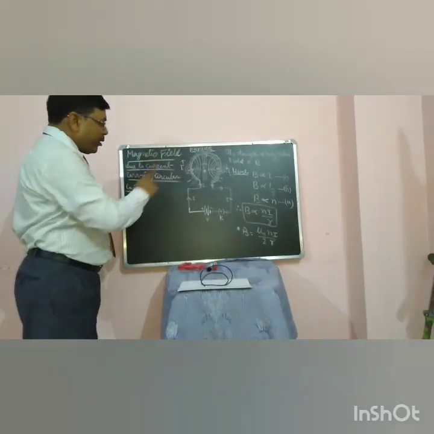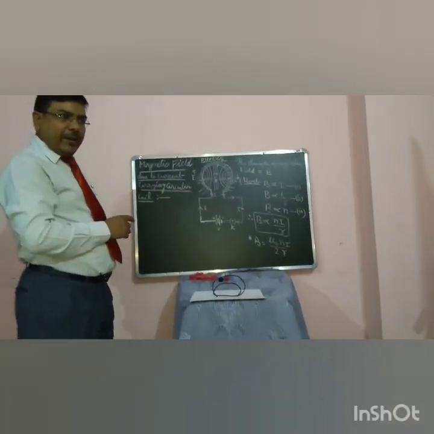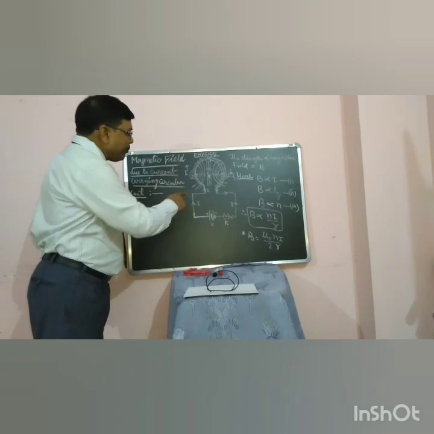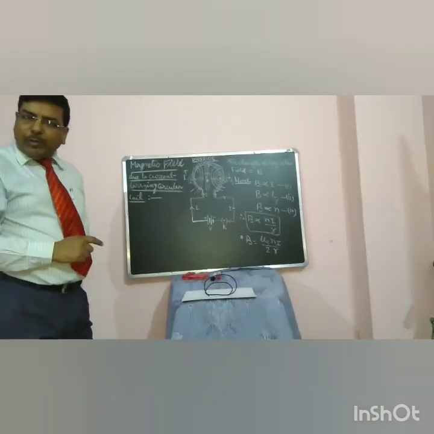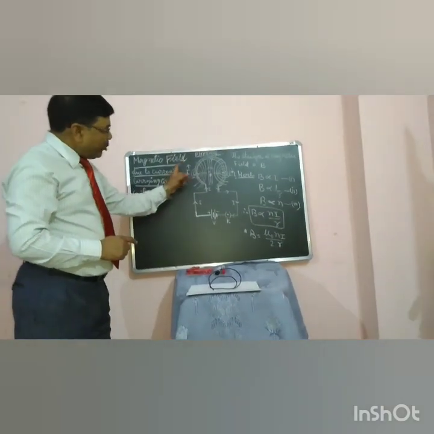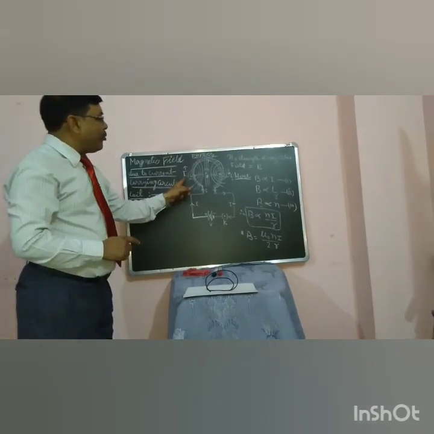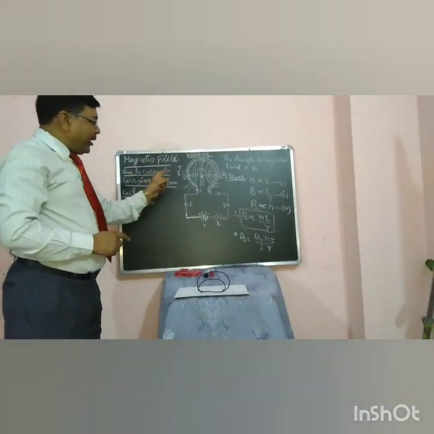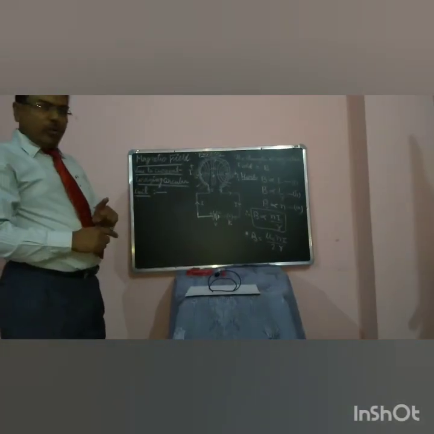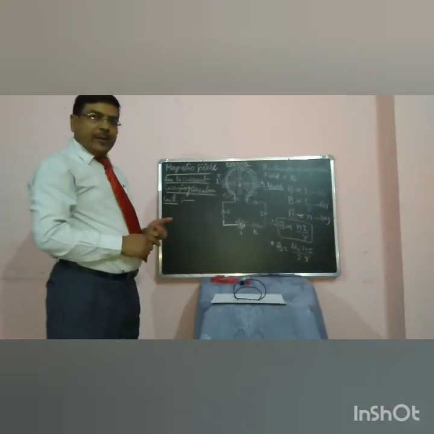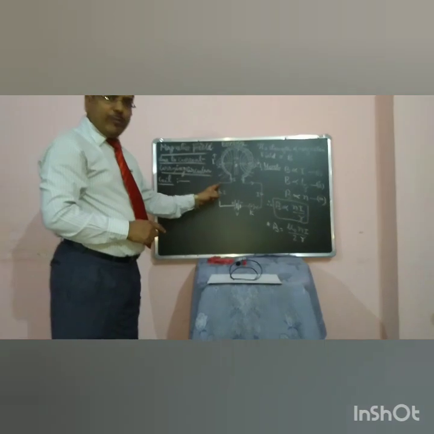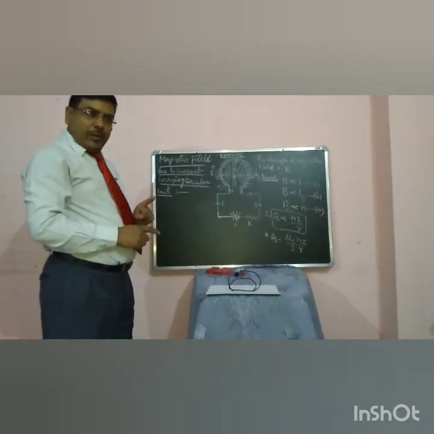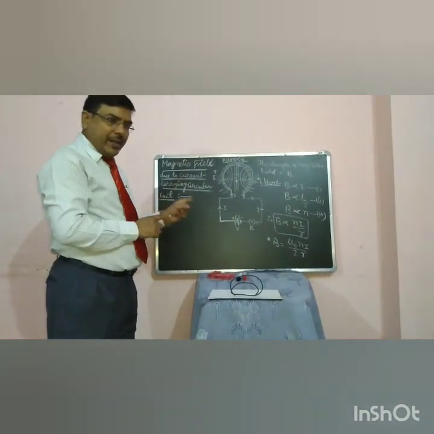The direction of the magnetic field lines is used to find the direction of flow of current, or if the direction of flow of current is known, we can find the direction of the magnetic field lines. Both are equivalent here.